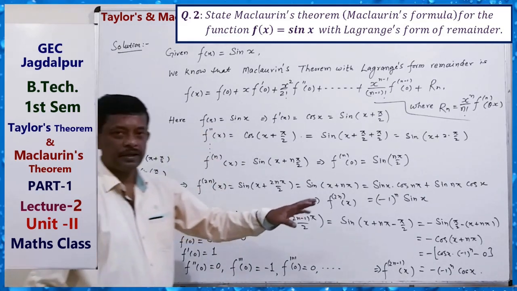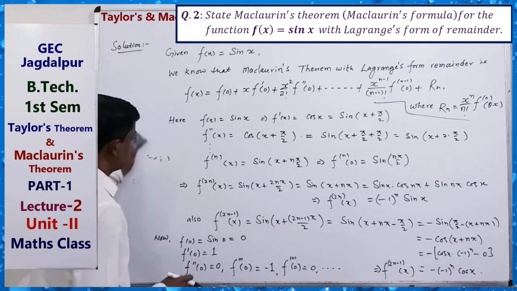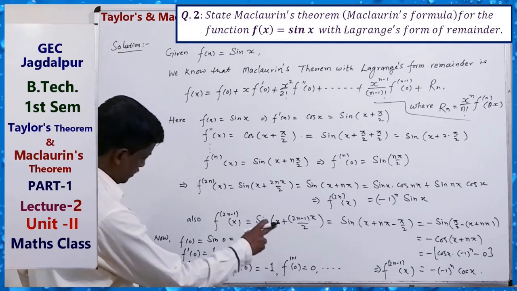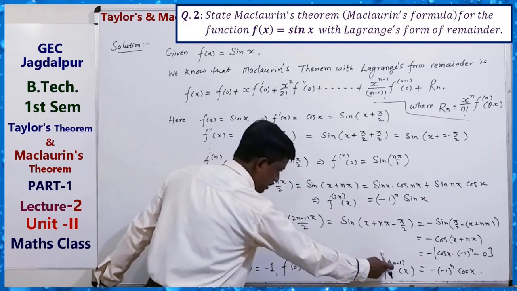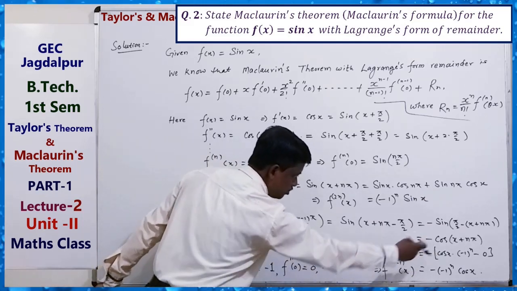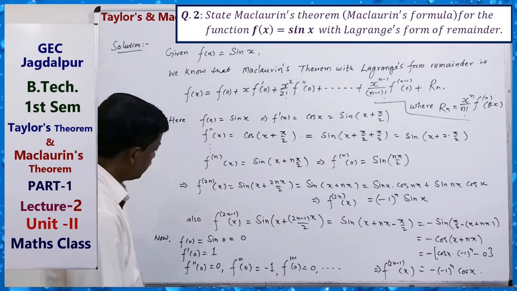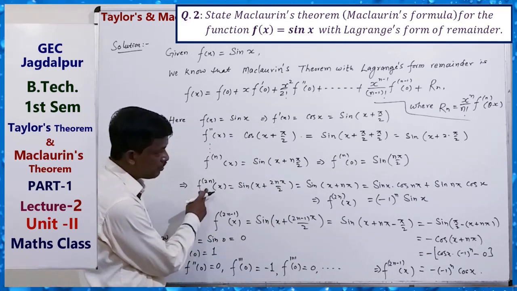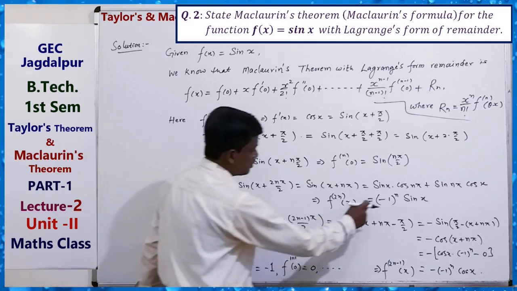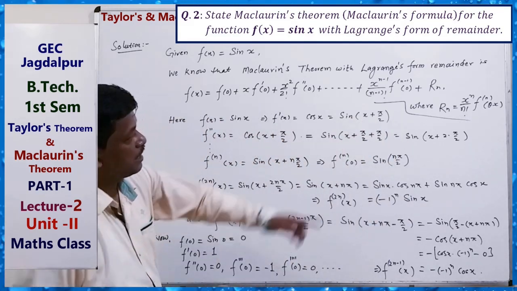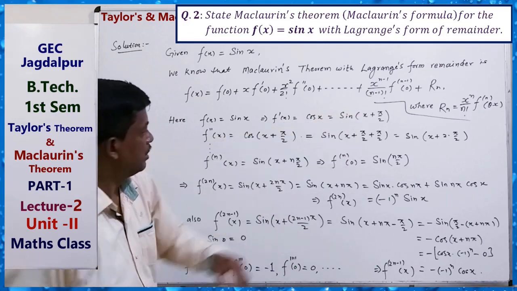And also from here, f 2n minus 1 at 0 equals cos 0 times minus 1 to the power n. And for the even order, minus 1 to the power n sin x. The nth derivative we also require for the remainder.